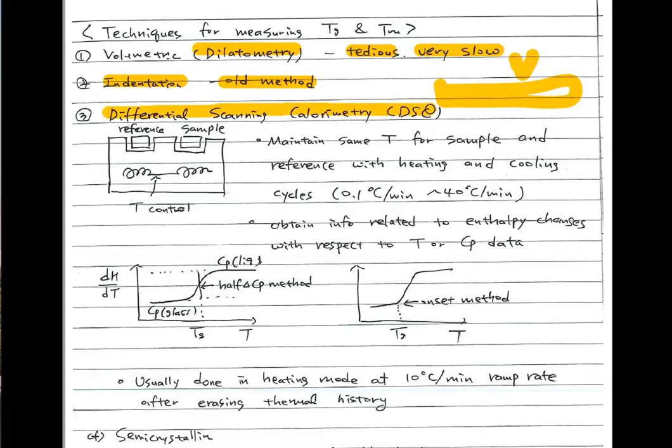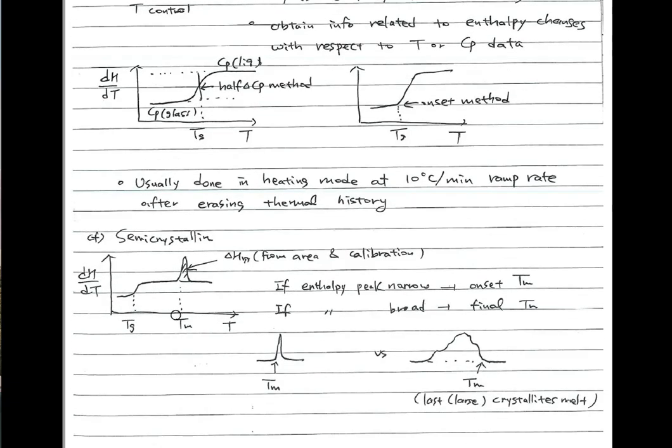And DSC is commonly used, as you already have done in your sophomore years. You use a reference sample and your own sample. You do the first heating and cooling and then the second heating. During the second heating, you measure the change of the enthalpy in comparison with the reference sample. Usually you have this kind of data.